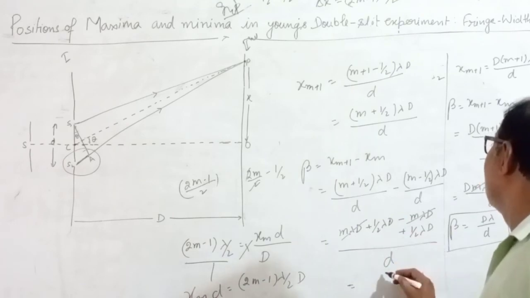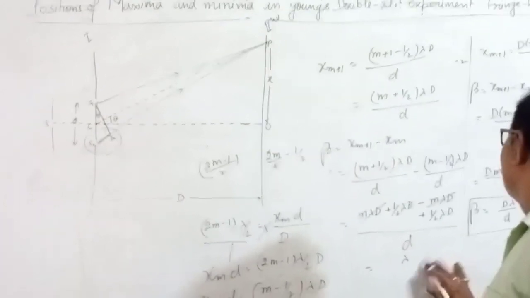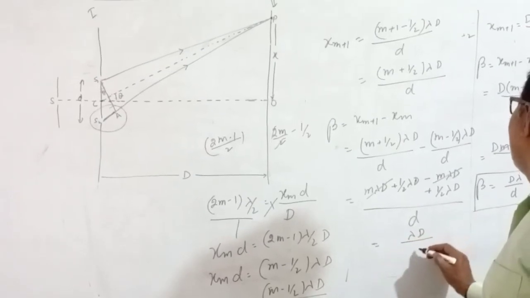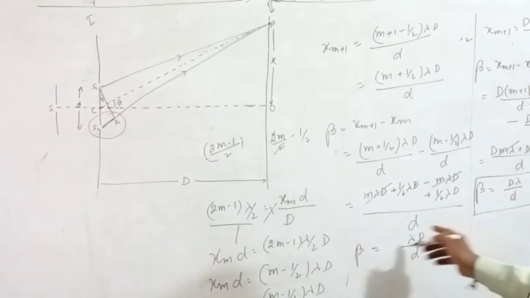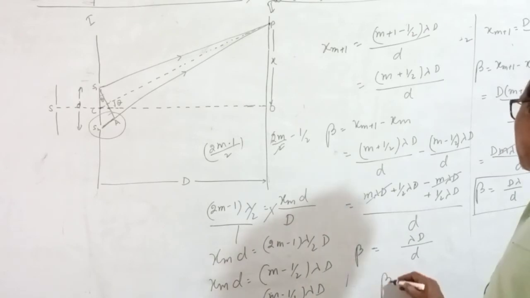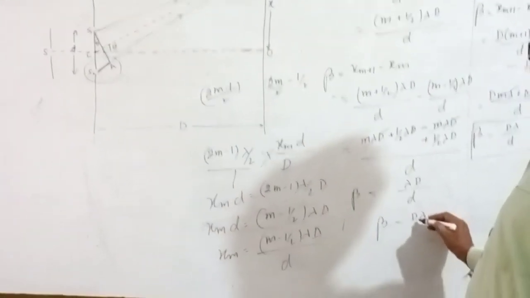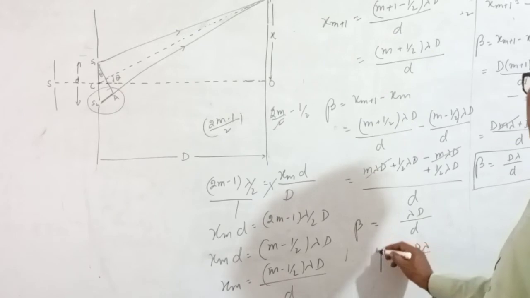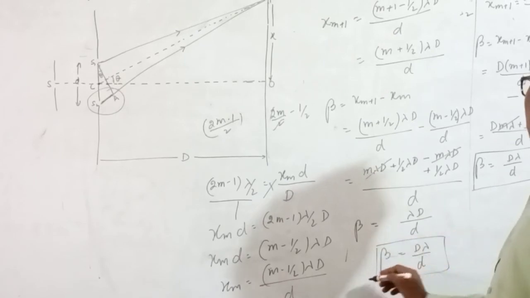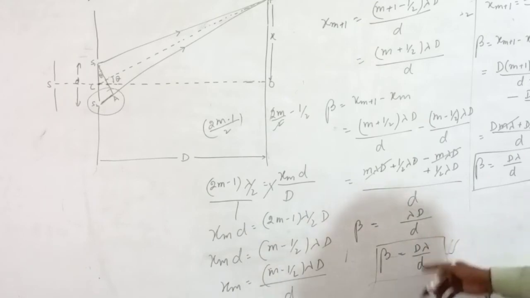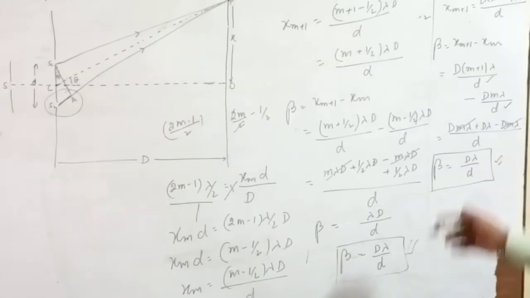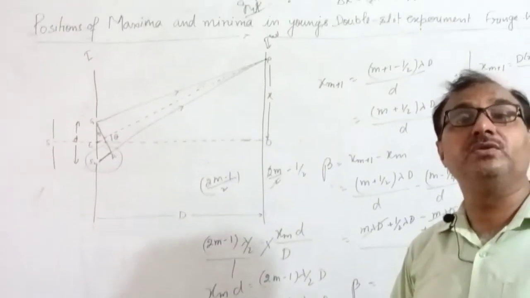Half lambda D remains, so beta equals lambda D upon small d. In both conditions, the fringe breadth remains the same. This is the fringe breadth of dark fringe, and this is the fringe breadth of bright fringe.